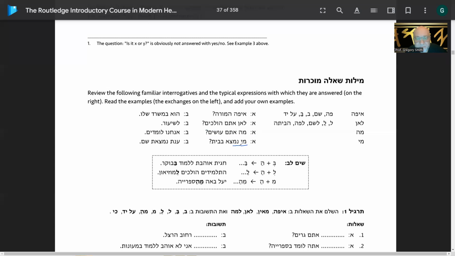So then we have another one here. Mi nimtza. Okay, so babayit. I think that nimtza thing is located. But let me double check it. Nimtza. Okay, it's available. That's what it is. Let's try the whole thing though.